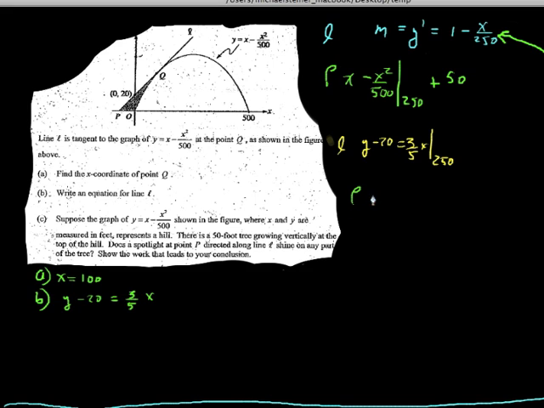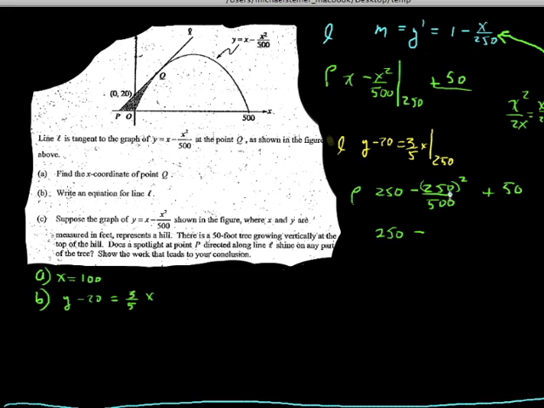So let's put 250 in for x. Here's our parabola, 250 minus 250 squared over 500. And I'm going to put that plus 50 over here. I'm just going to keep carrying that down. We get 250 minus, look at this, you're going to think, oh no, this is crazy. But if I just told you it was x squared over 2x, you would say, oh, that's easy, that's just x over 2.